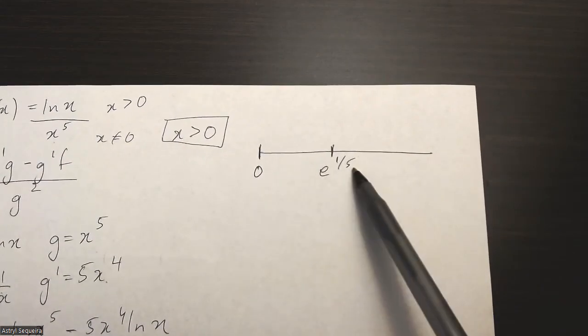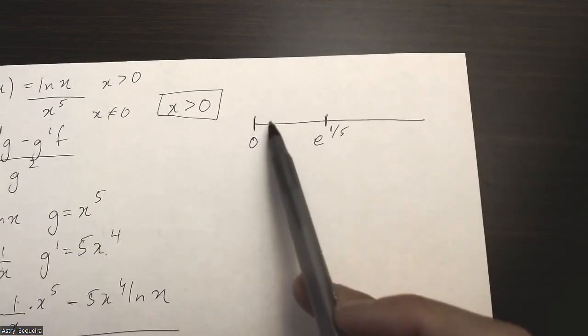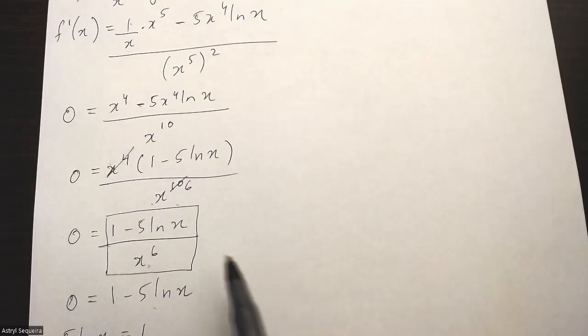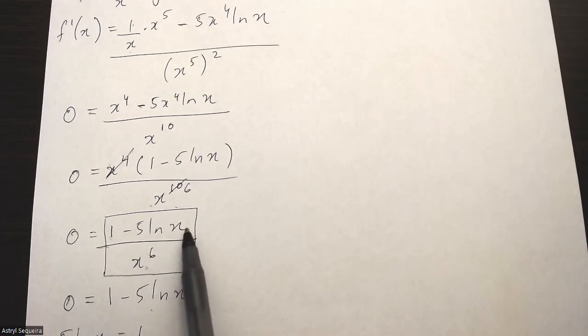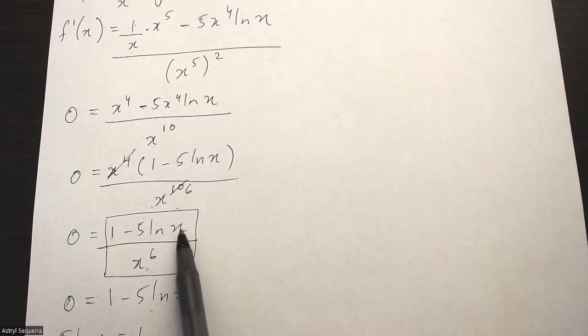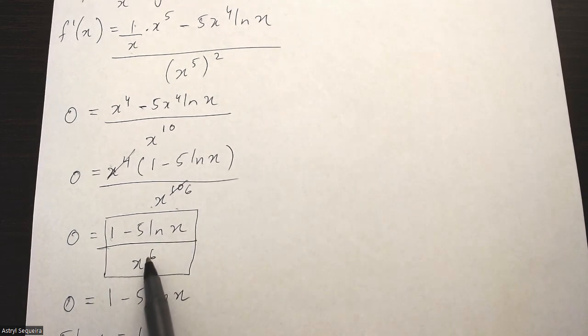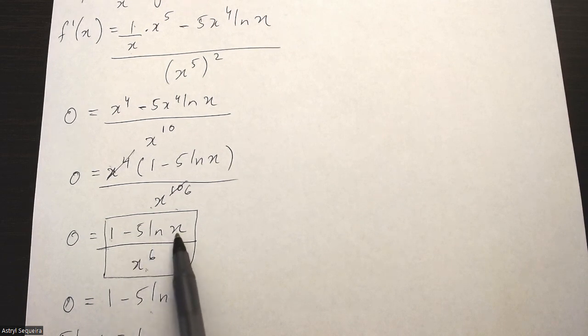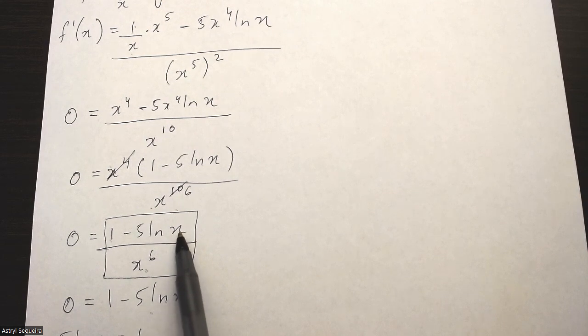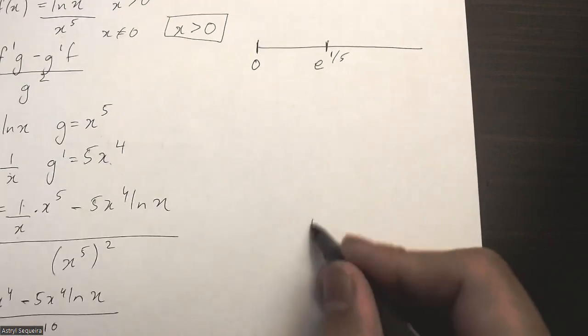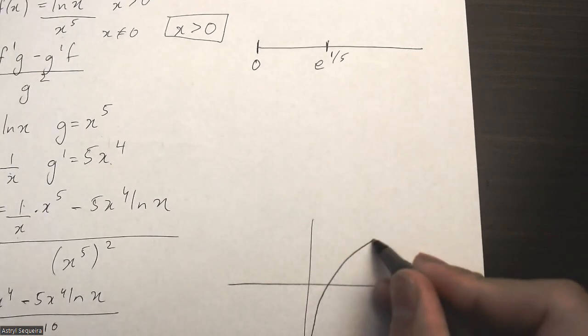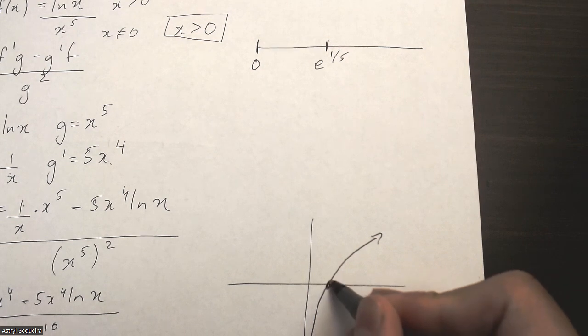So 0 and e to the 1 over 5, I'll just pick 0.1. That's definitely going to be in between these two. So if I sub in 0.1 into this equation, 1 minus 5 ln 0.1 divided by 0.1 to the power of 6. So this is definitely positive here. Ln of 0.1 is a negative value, because if you remember your ln graphs, a ln graph looks like this, where this is 1.